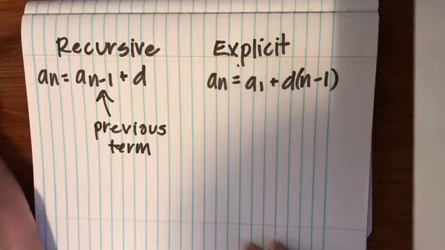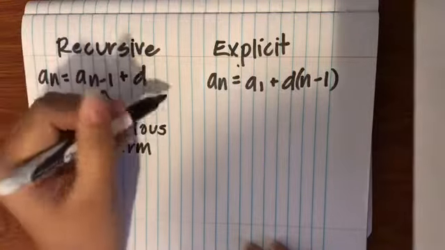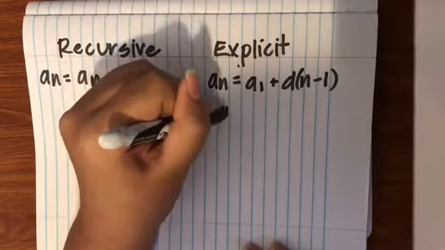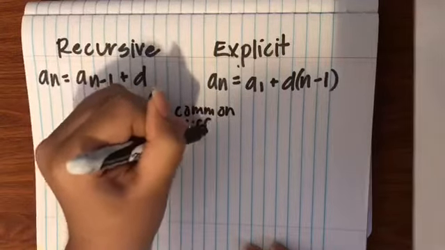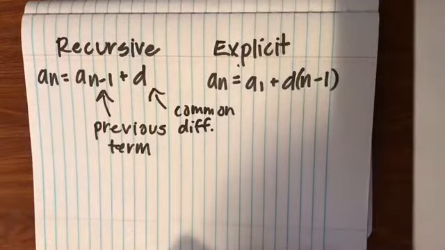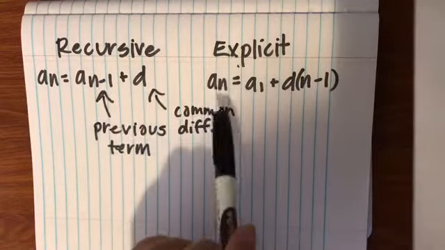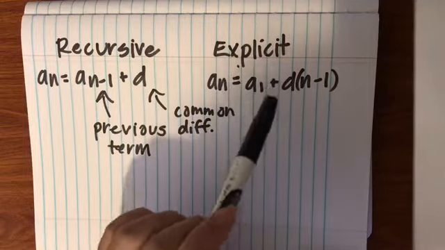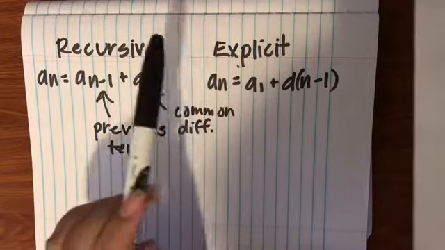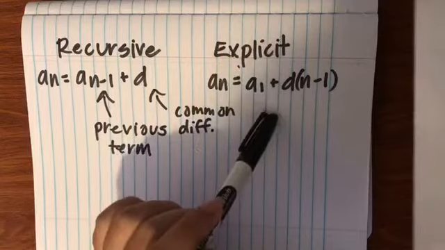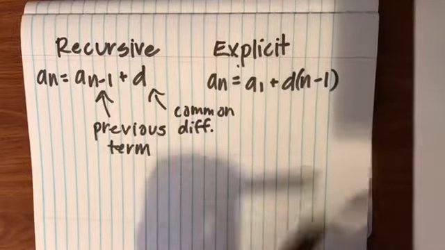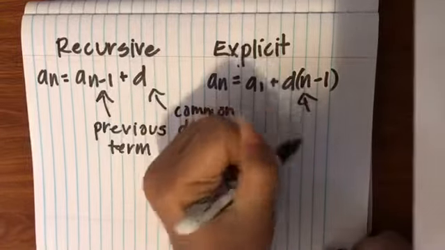And the recursive formula is a sub n equals a sub n minus 1 plus d, and d is always going to be your common difference. Okay? And then with your explicit formula, it would be a sub n equals a sub 1, which would be your first term, plus d, which is your common difference, times n minus 1, and n is your nth term.